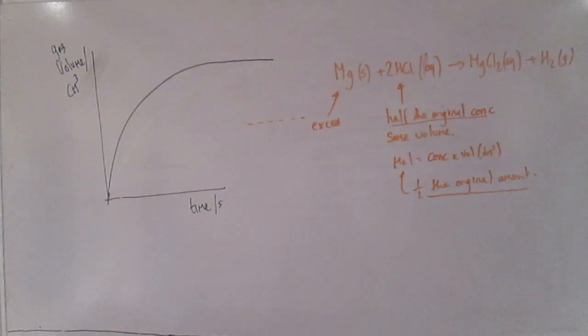But the second is that the concentration is lower. Decrease in concentration in general will decrease the rate of reaction. Again, we'll talk about why that is in a bit, but that's the general principle. So what we expect is that the rate of reaction will be lower, and this time in the end you'll only get half as much product.